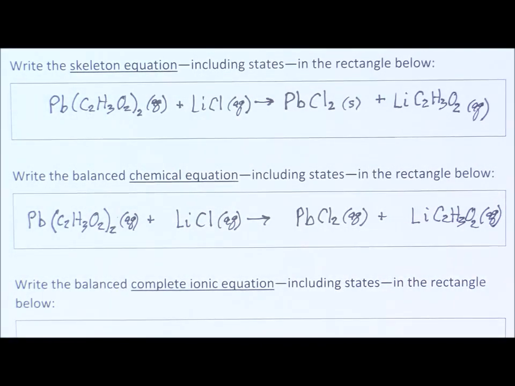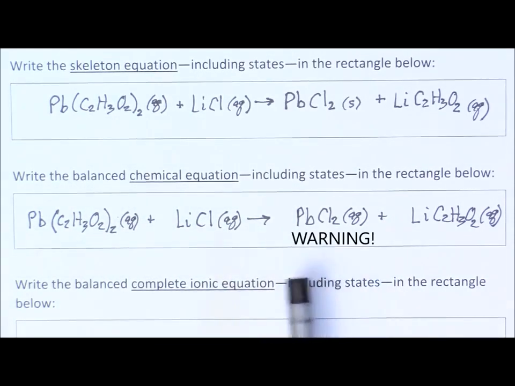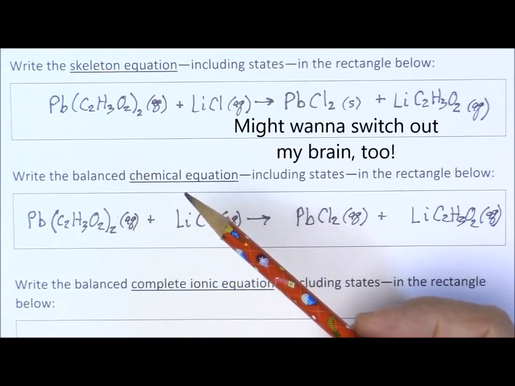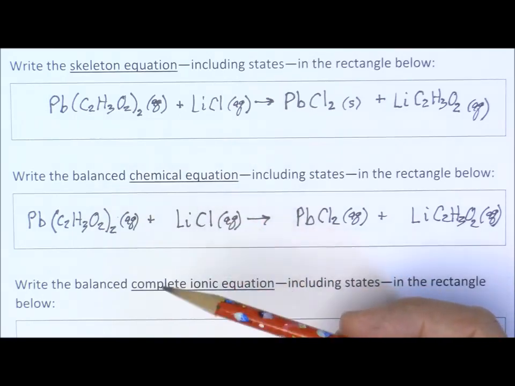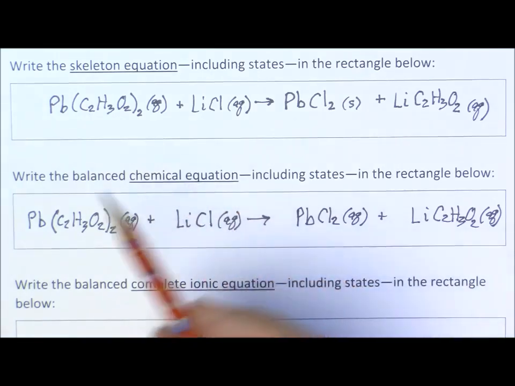Okay, we've rewritten the skeleton equation, and the only remaining step is to insert coefficients where needed to balance our chemical equation. I'm going to switch over from pen to pencil for this part of the task because I often make mistakes and I need to erase and update these coefficients.